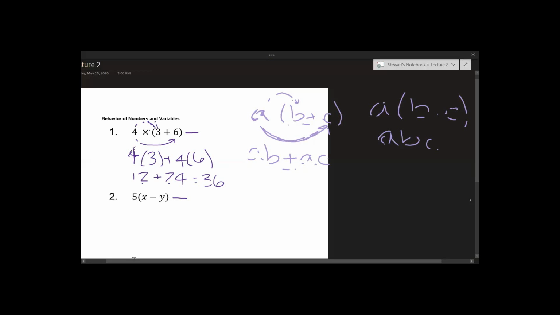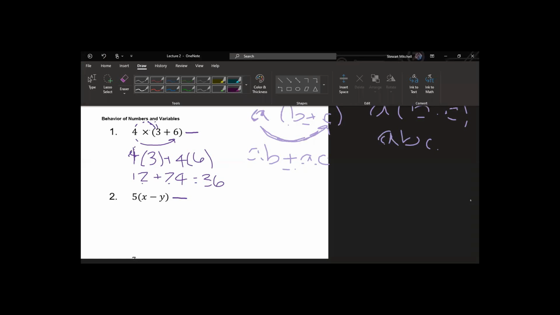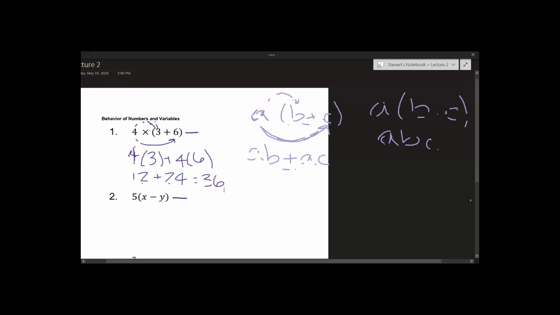So that is how you do that one. I will revisit this one after we do the second one, because there is a second way you could think about it, if that makes it easier for you. I will show you what that looks like in just a moment.